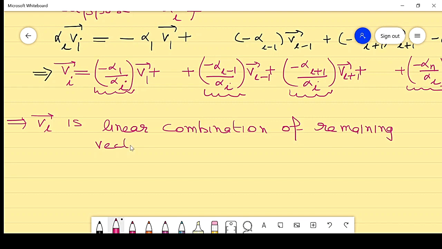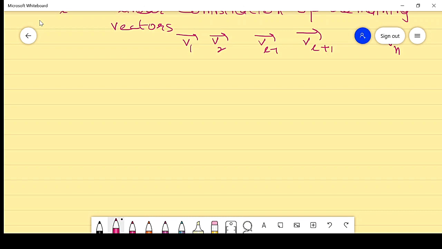What are the remaining vectors? These are V1, V2, Vi minus 1, then Vi plus 1, and lastly Vn vector.